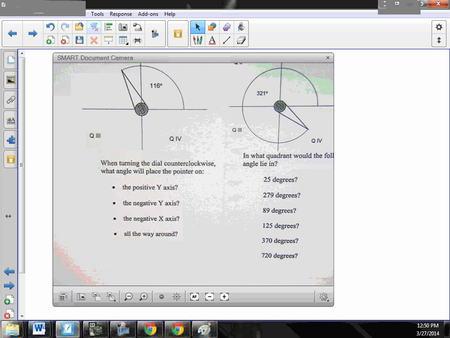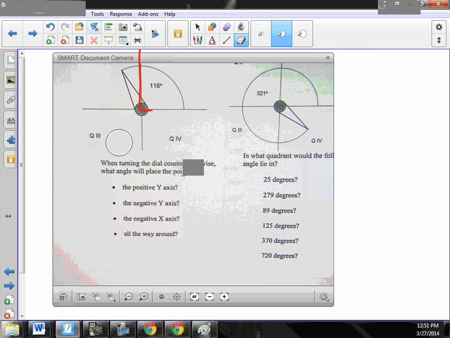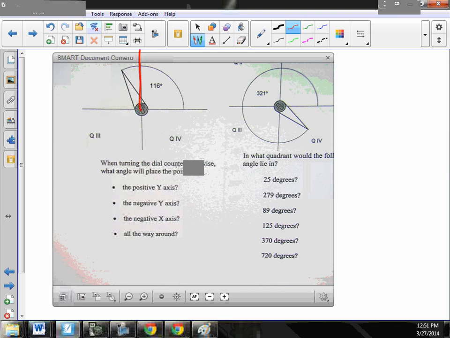If I turn this dial, that's 45 degrees right there, 90 degrees. So the positive y-axis is a 90-degree angle. So if I were to say graph a 90-degree angle, you would draw this. And actually, because it's understood that all angles begin in the standard position, we don't even need this line. That represents a 90-degree angle.